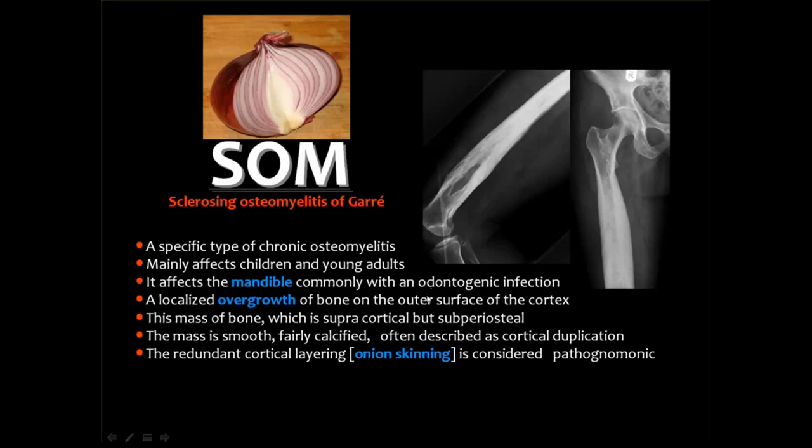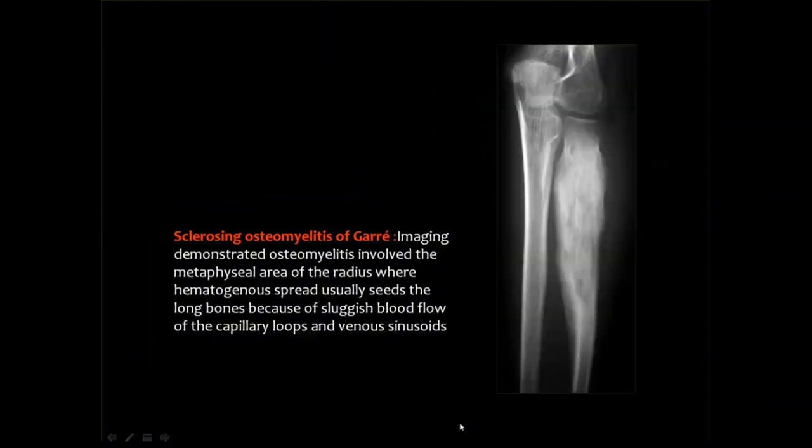It can affect the mandible and be associated with odontogenic infection, and if it affects the long bones, there is overgrowth of the bone on the outer surface of the cortex, giving the appearance of an onion skin or an onion peel, with considerable cortical thickening. And this is not a periosteal reaction, but there is continuous cortical thickening, and this is an example of a sclerosing osteomyelitis of Garré.